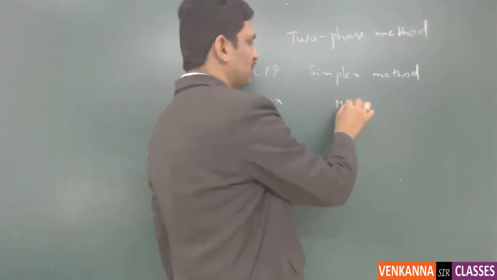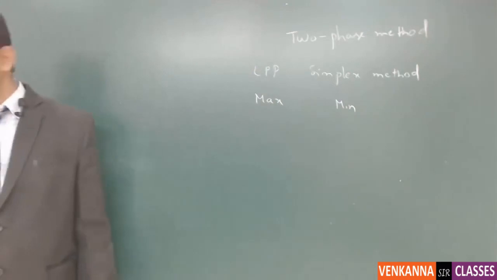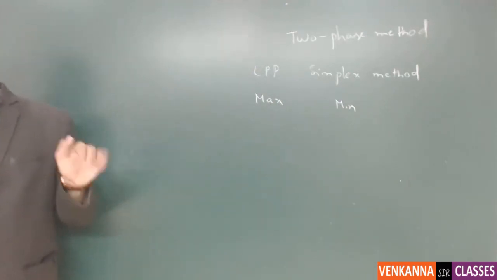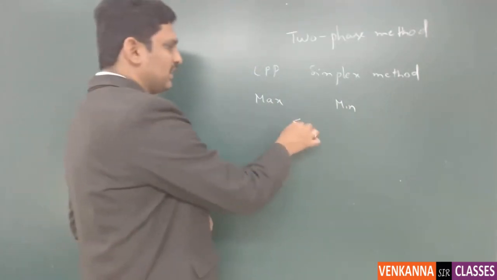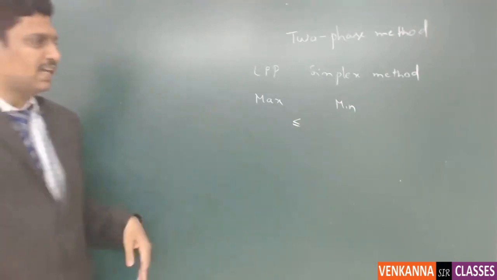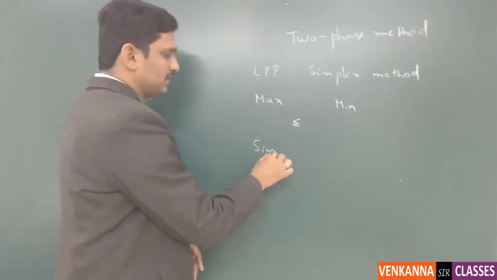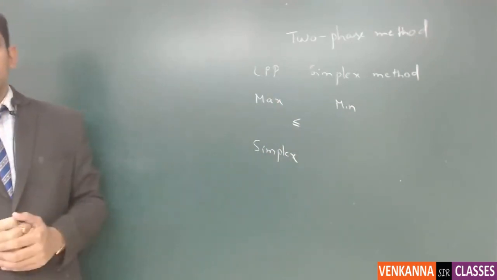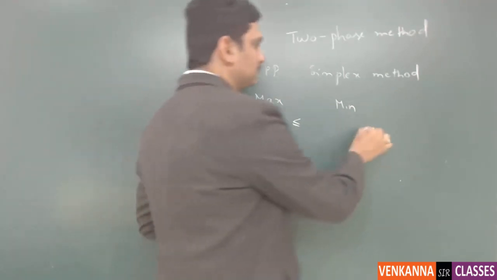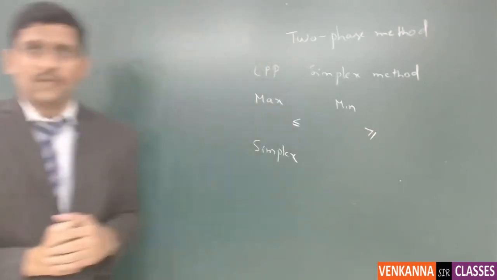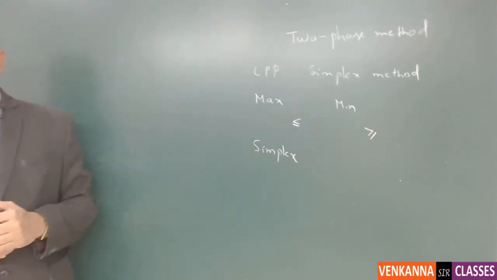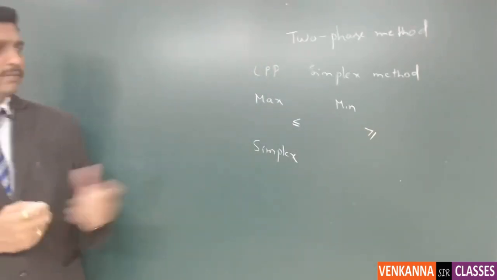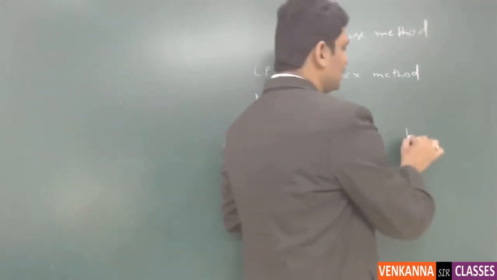Clear? If it is maximization, generally inequalities are given as less than or equal to. Straight away I go with the simplex method. If it is minimization, then what happens? Inequalities are of the type greater than or equal to. Of course, mixed inequalities are also there. Then I have the only chance, which is the big M method.